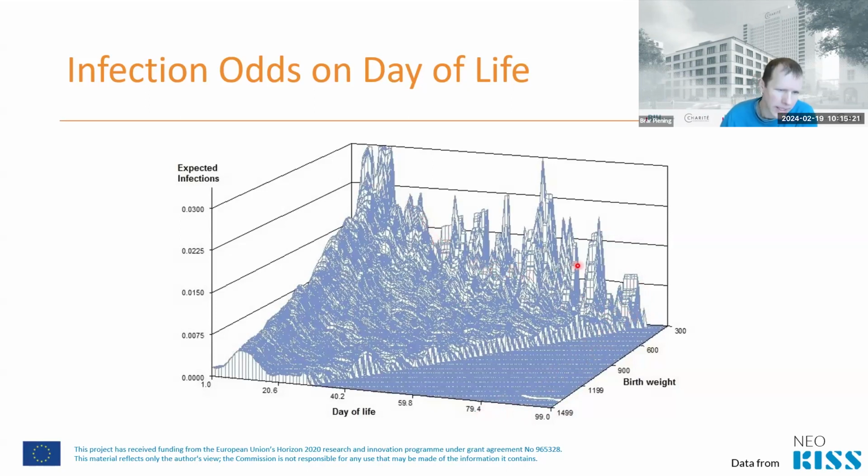This is just to give you an idea how infection risk is spread, and that you cannot just flatten this and say, oh, there are so many infants in my ward and I expect this or that infection risk, because it highly depends on the birth weight composition of the infants on your ward. It also depends on the days of life they spend on your ward.